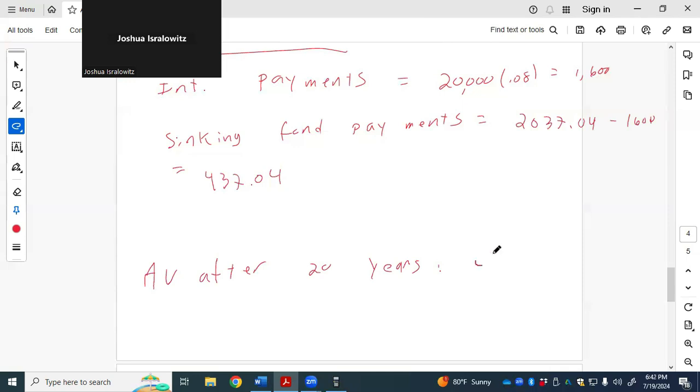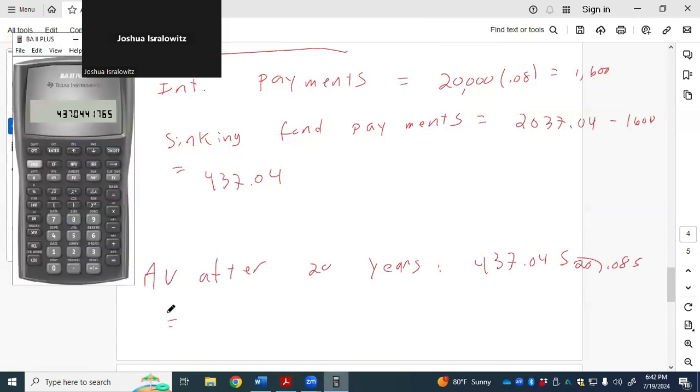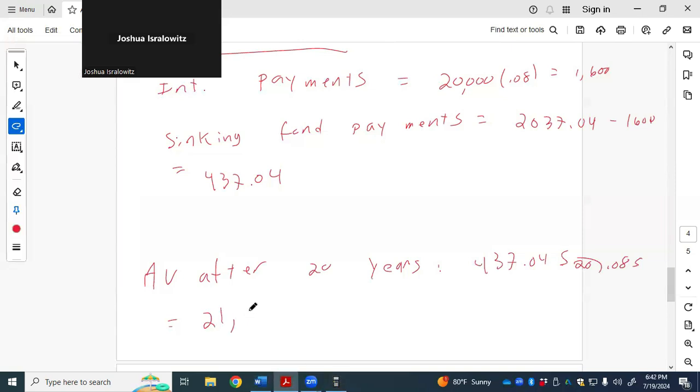It's this 437 s angle 20 at 8.5. Payment 437.04, interest 8.5, 20 N, compute future value: 21,14289.